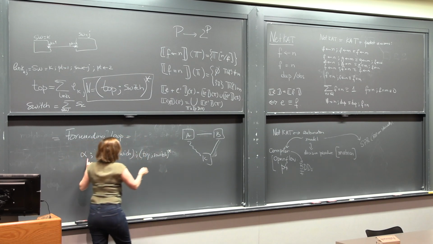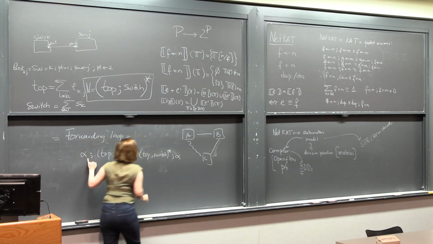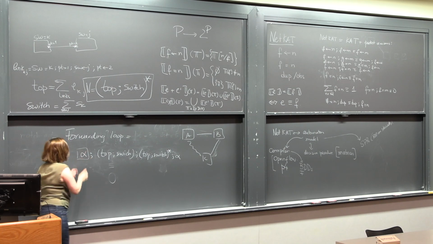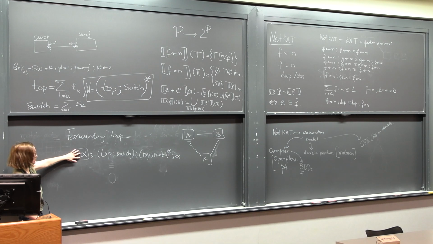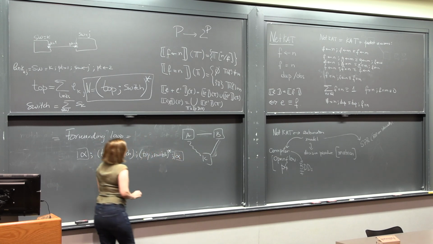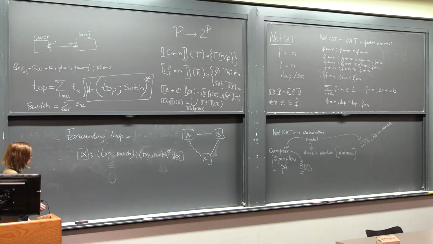When I'm running my network, I do not want to be visiting the same state over and over again. Remember that this describes all the fields in a packet, including its position. And I don't want to be visiting the same thing over and over again.